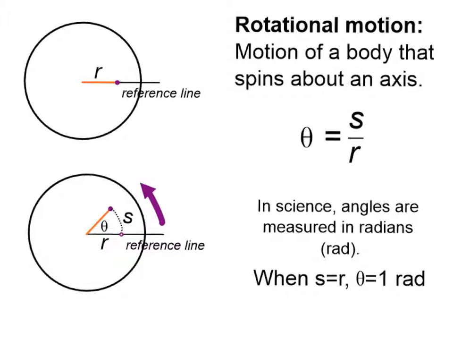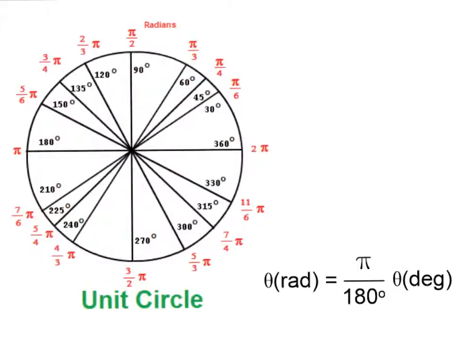In science, angles are measured in what are called radians, abbreviated rad. And when our angle is equal to s divided by r, when s and r are equal to each other, we say that theta equals 1 radian. That would be the definition of a radian, when the arc length and the radius are equal.